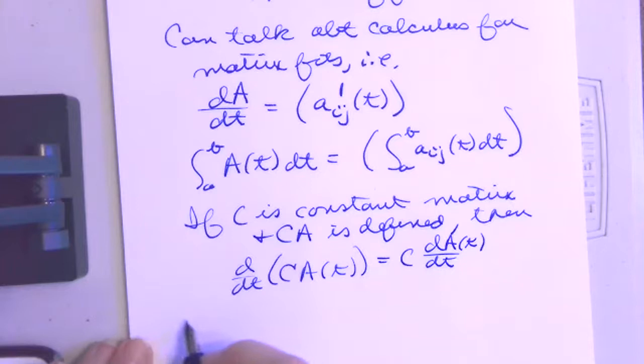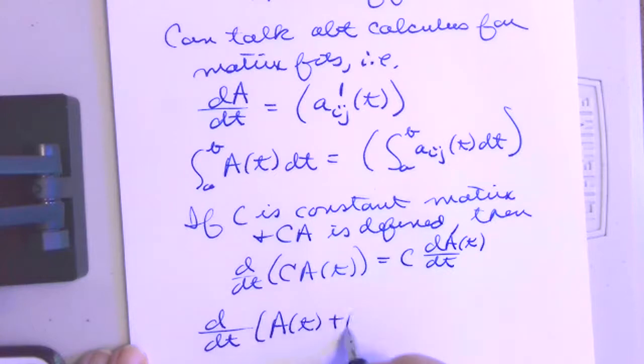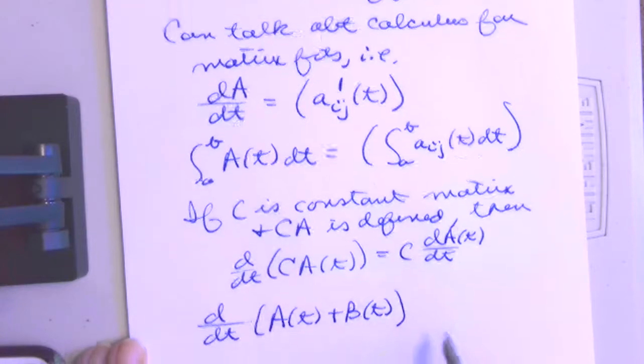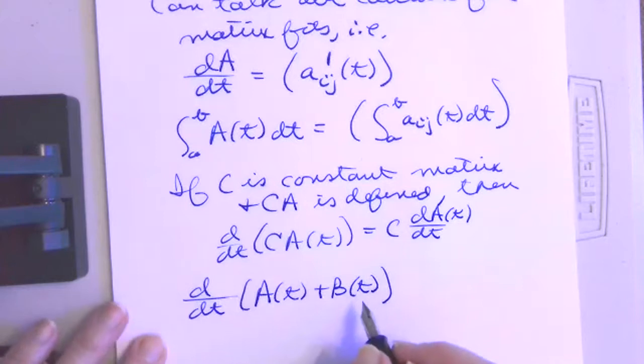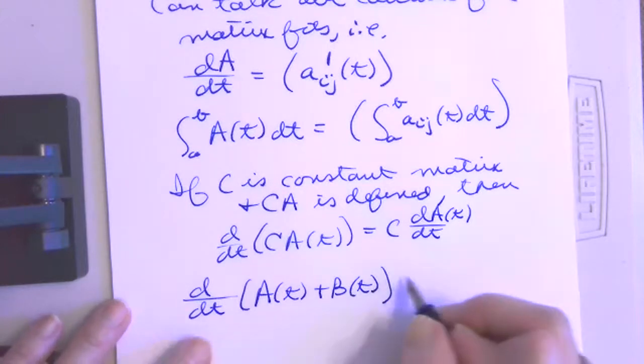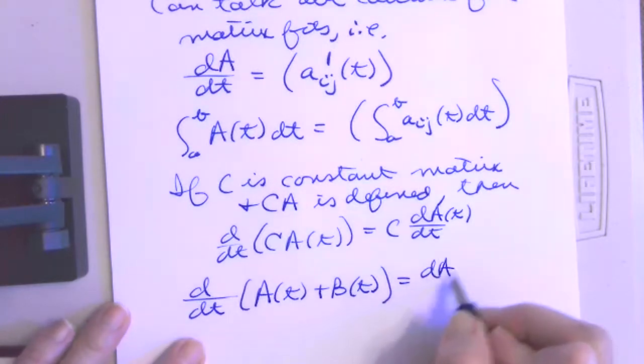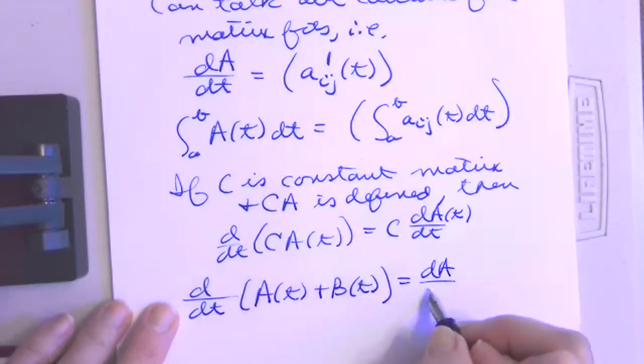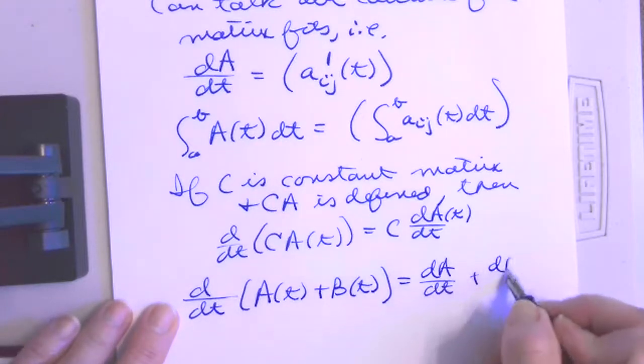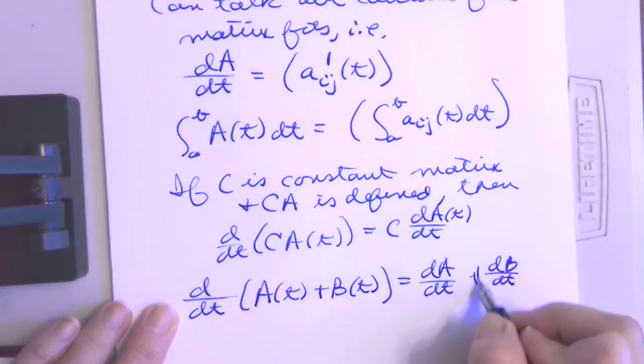Okay. If A and B are matrix functions, so that the addition is defined, so that this makes sense, okay, they're the same size, in other words, then the derivative of the sum is the sum of the derivatives. Okay.